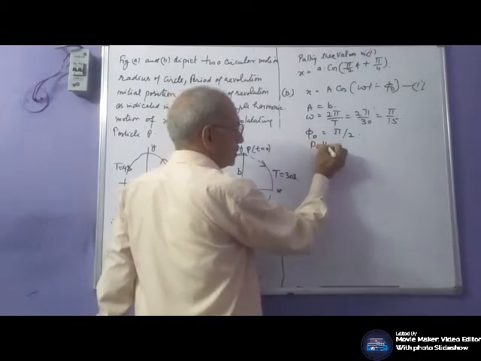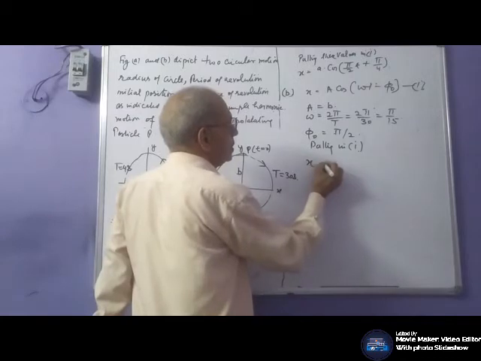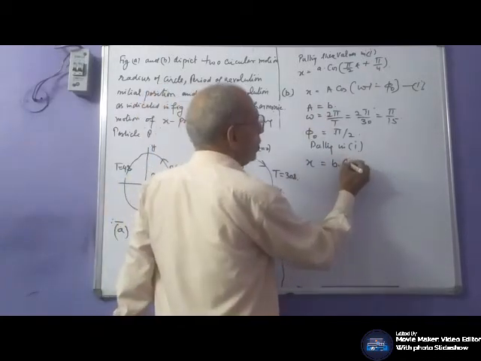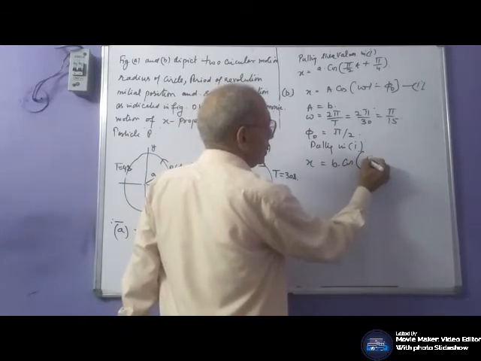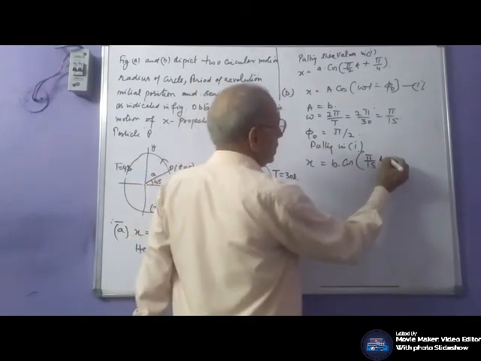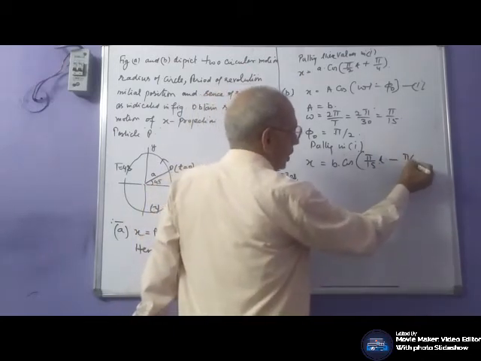Putting in first: x equals B cos omega t minus pi by 2.